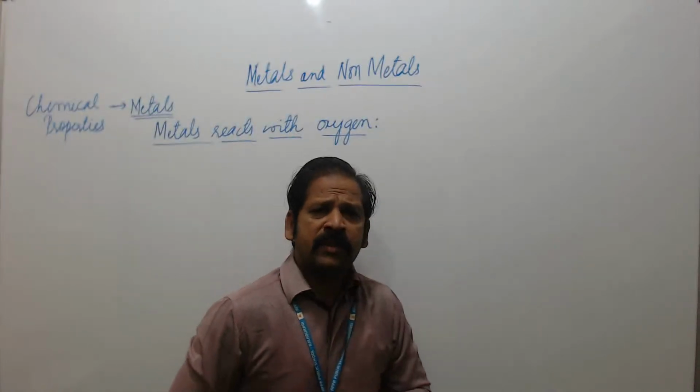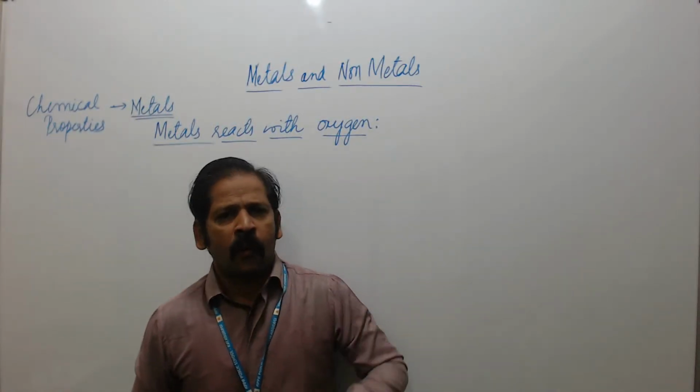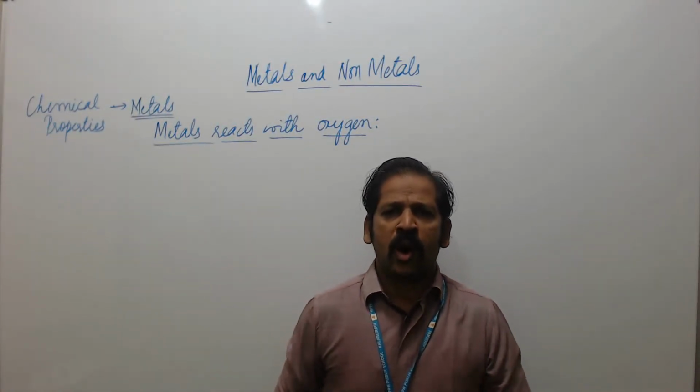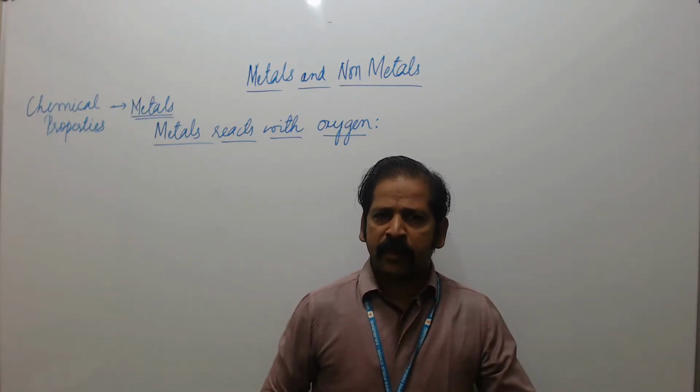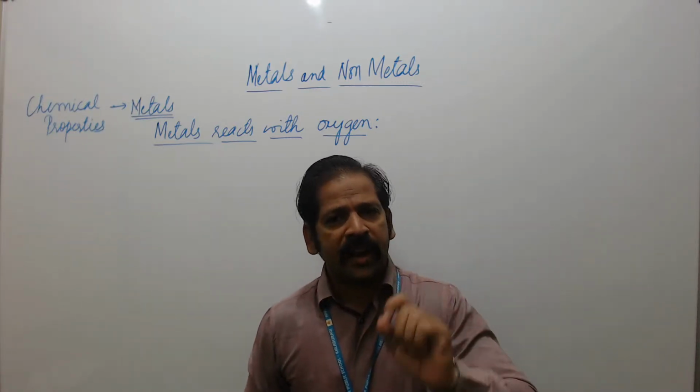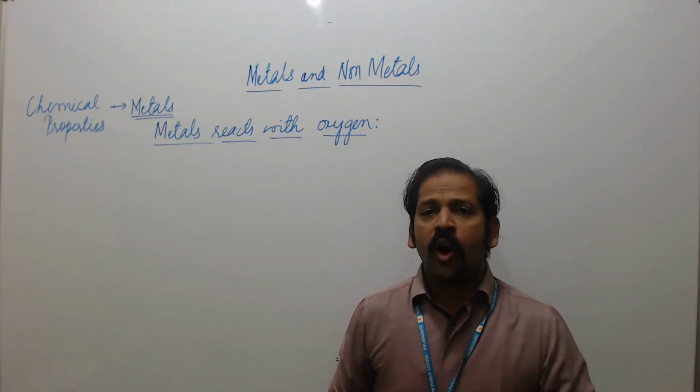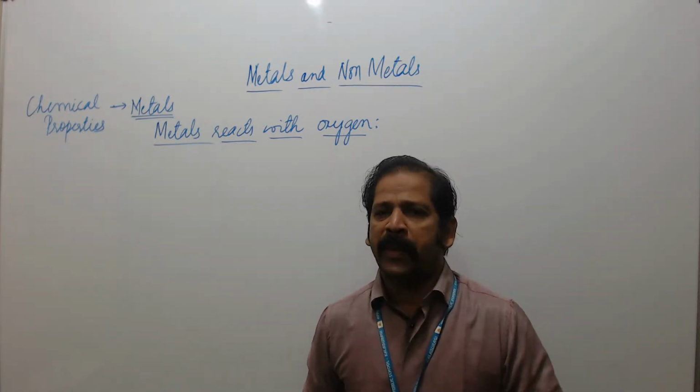Yes, what happens when metal reacts with oxygen? When metals react with oxygen, they form oxides of those metals. I repeat, when a metal reacts with oxygen, they form oxides of those respective metals.